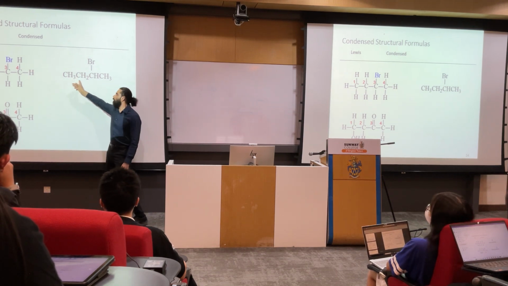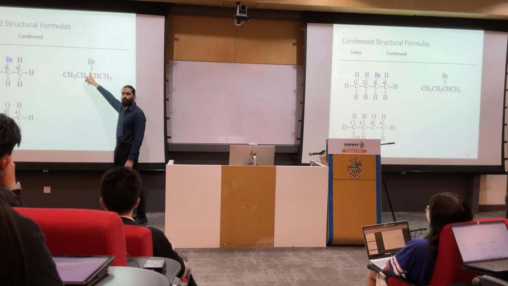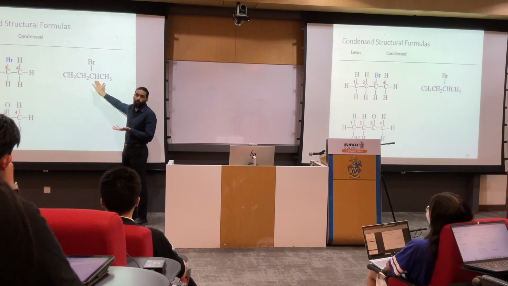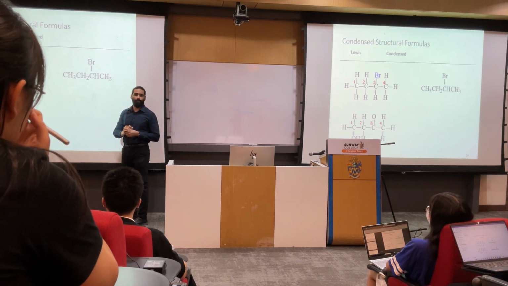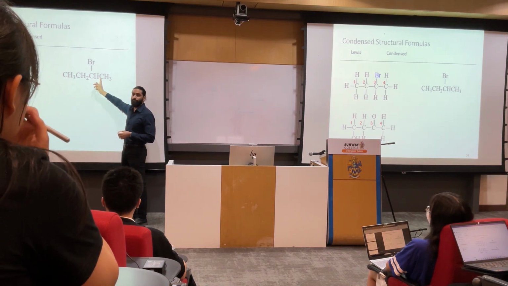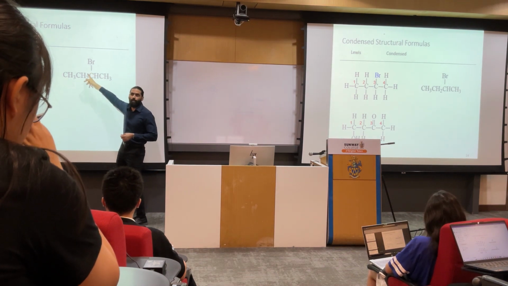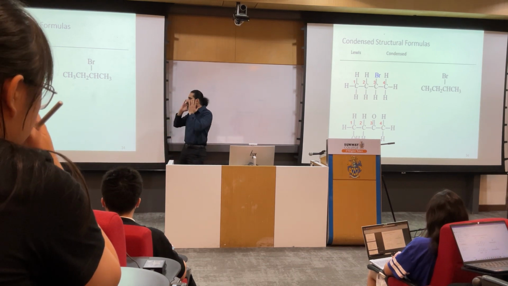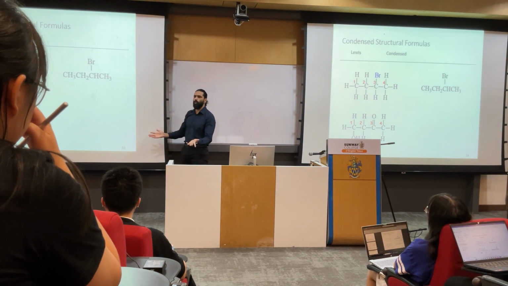So in that case, we have to specify where the bromine is. But do we need this line? Actually, we don't. You can just write bromine here in the middle, and that will tell that it is at number 3. But then, it could also be on number 4, if we put that in the middle. So in this case, we do actually need to draw bromine. So use your judgment on when we need and when we don't need, based on whether it simplifies the structure or complicates the structure. That's the only rule for condensed form.